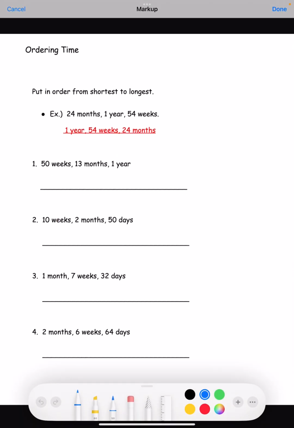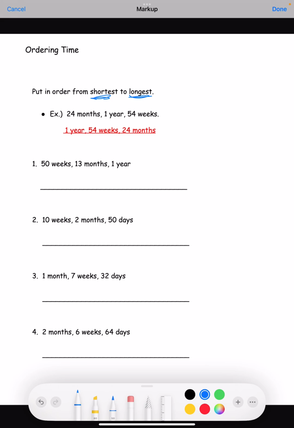It says, ordering time. Put in order from shortest to longest. Example, 24 months, 1 year, and 54 weeks. Now you have to reorder this into the smallest amount of time and the greatest amount of time. So let's see.